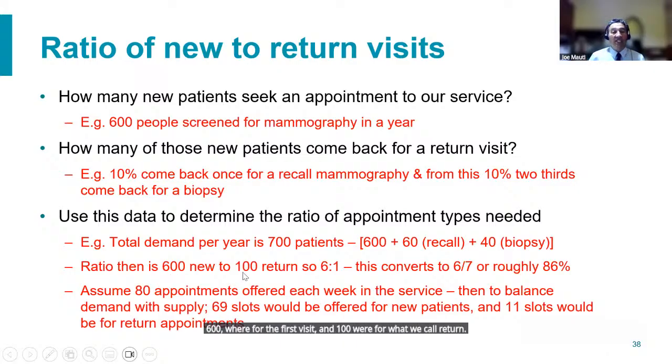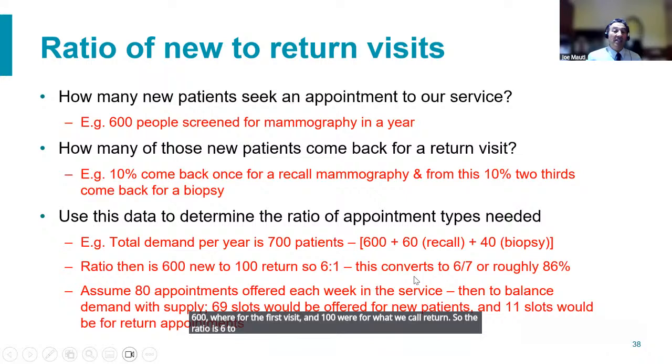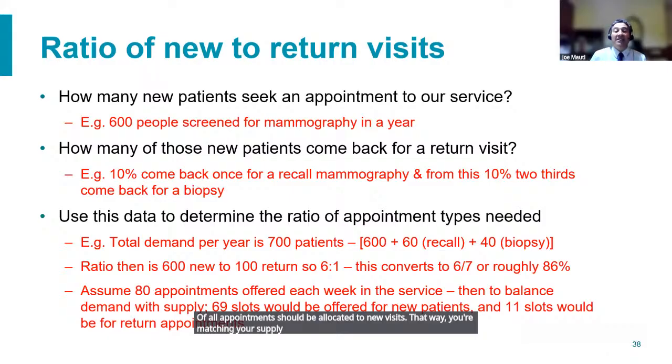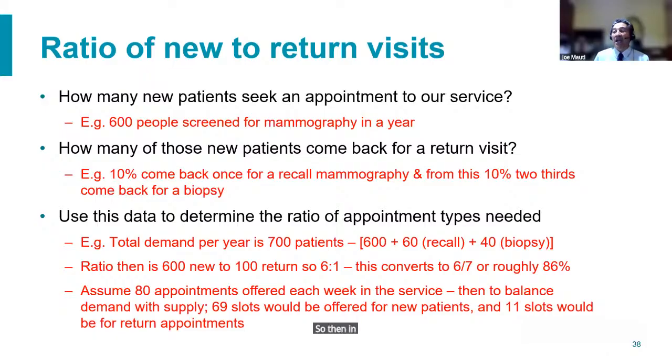So the ratio is 6-to-1. This converts to roughly 86%, which is 6 divided by 7, of all appointments should be allocated to new visits. That way, you're matching your supply to the demand that's available. So then in this example, if my appointment slot has 80 appointments, 11 are dedicated for return visits.